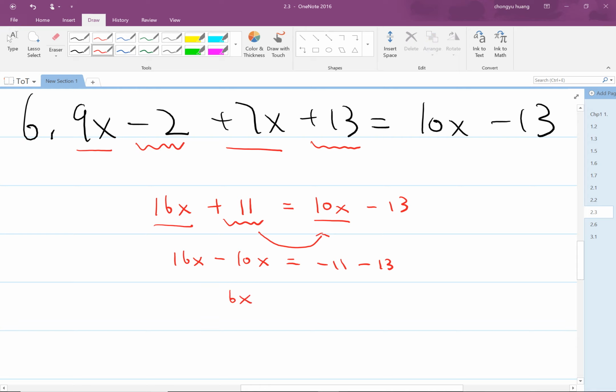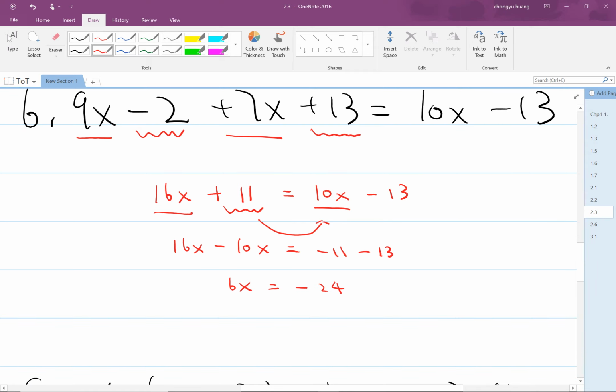16 minus 10 is 6x, and it's equal to -11 minus -13, which is actually -24. So x is equal to -24 divided by 6, which is -4.